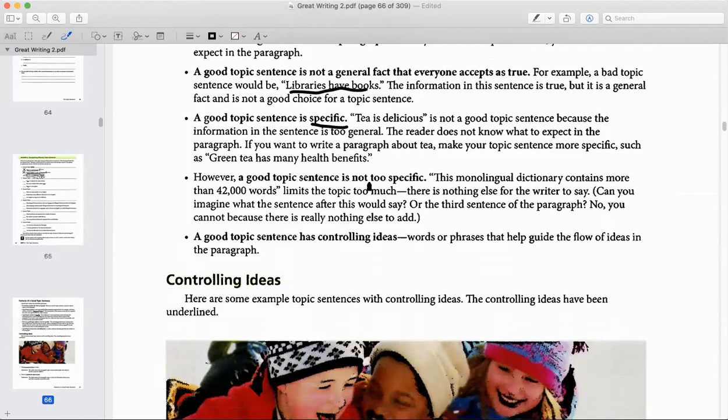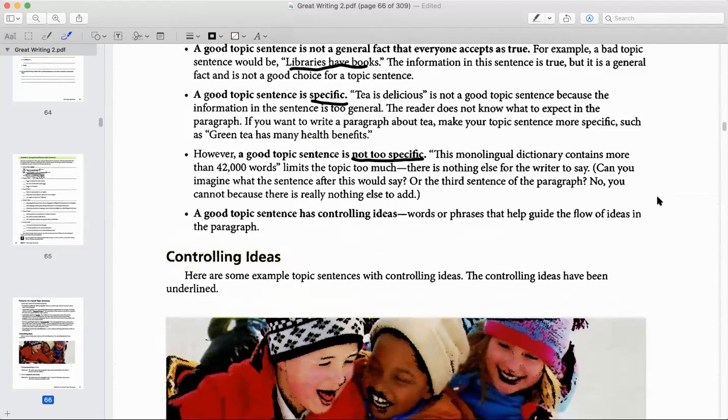And it should be specific, but not too specific. If it's too specific, like this example, this monolingual dictionary contains more than 42,000 words. What more can you say about that? Right? You can't say, well, the first word is aardvark and blah, blah, blah, and go on from A to Z. That would not be a good topic sentence.